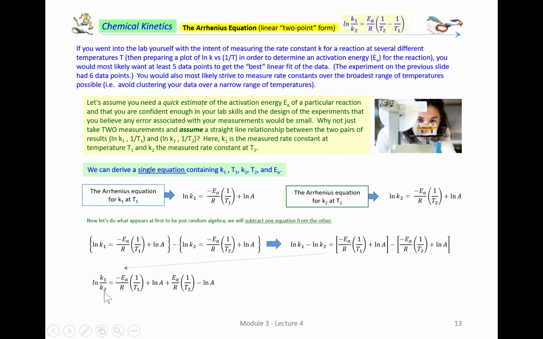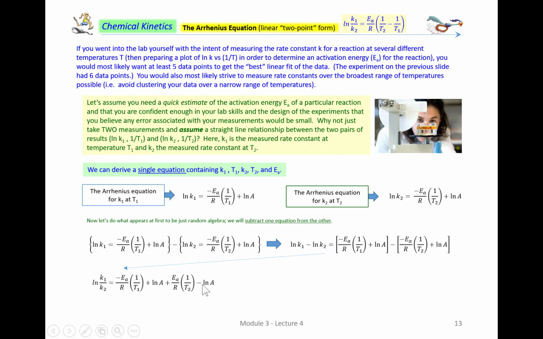I'm also going to take the brackets off of these here and write the first term right here and the second term right here. So we have minus a minus EA over R, so that turns into a plus, and we have minus this plus, so that turns into a minus.